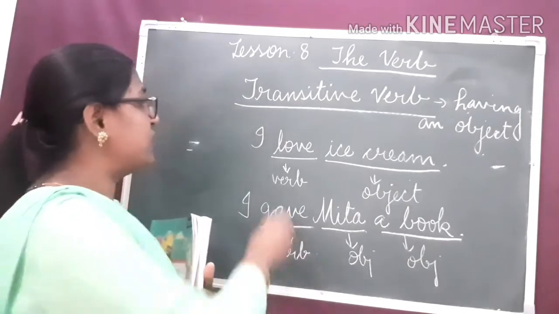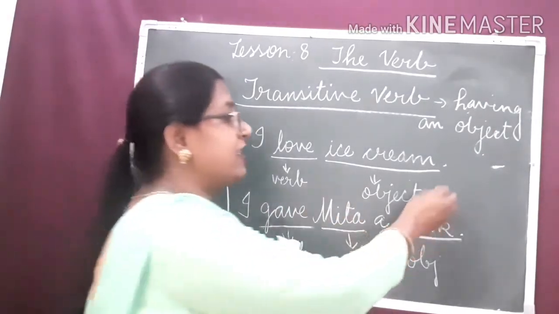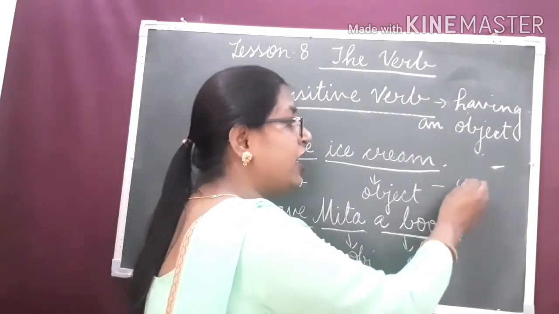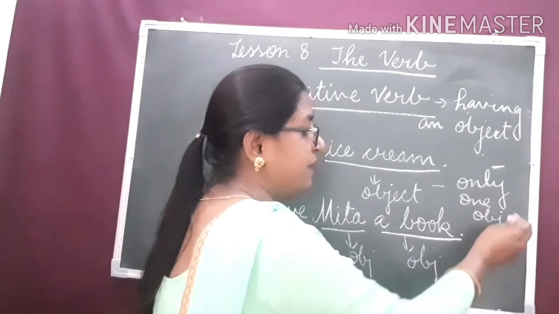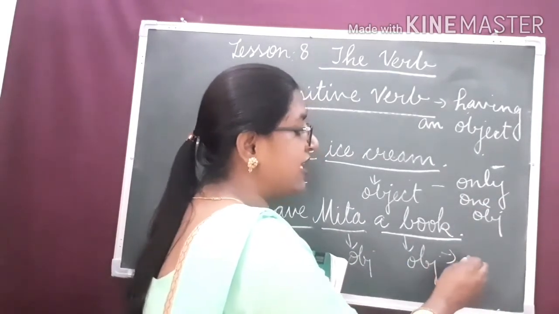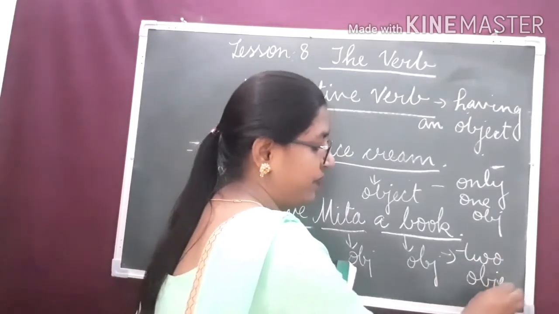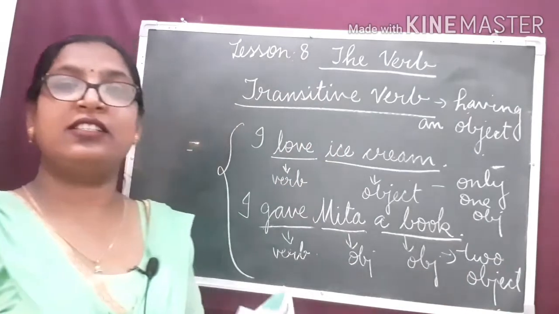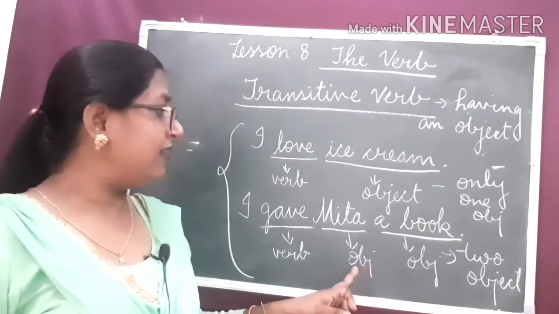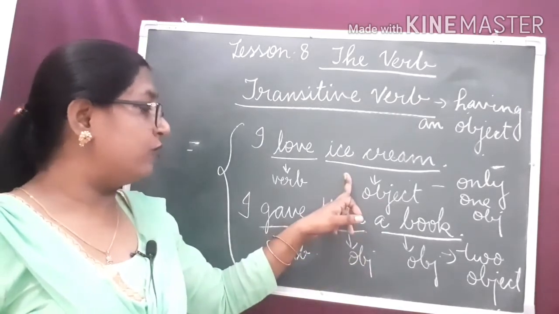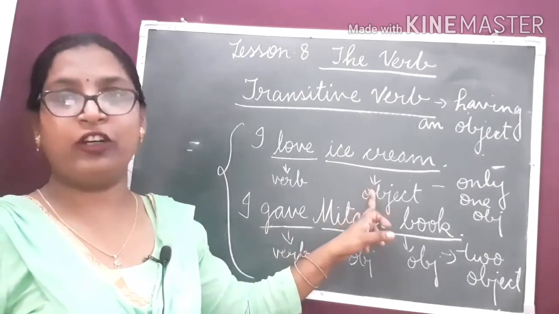Now, in these two sentences, we can notice that some of the sentences have only one object and some of the sentences are having two objects. So, when a verb is having only one object, we simply call it an object.